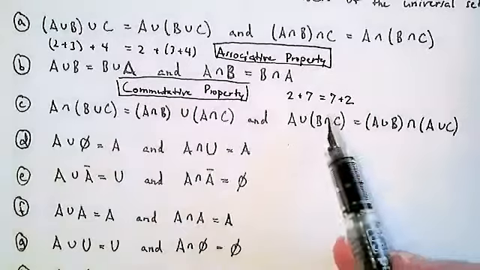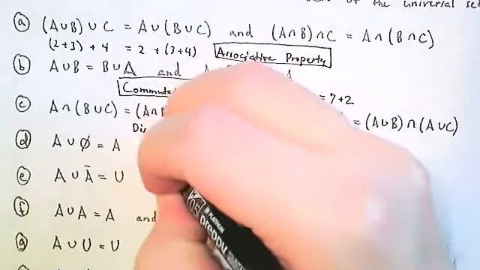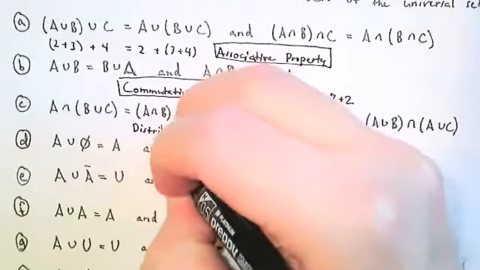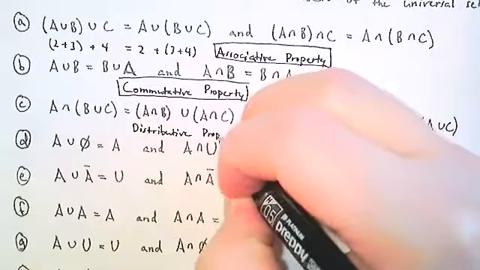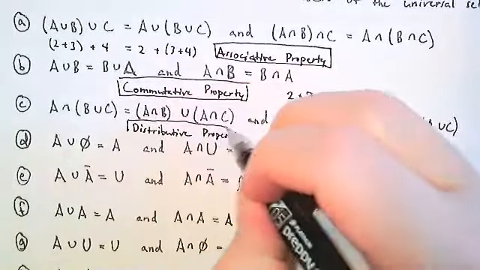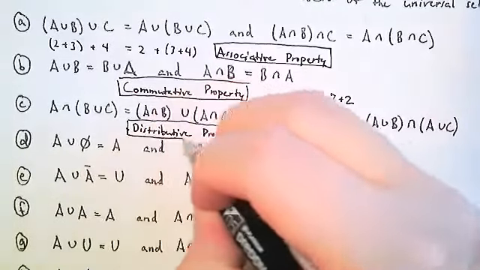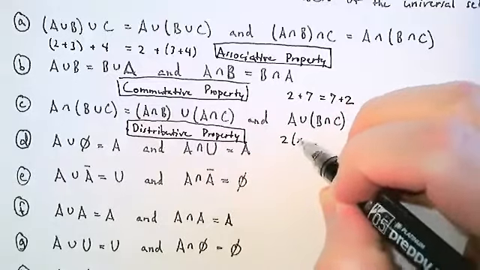Okay, the next property is called the distributive property. And this is another one that should be familiar from algebra.